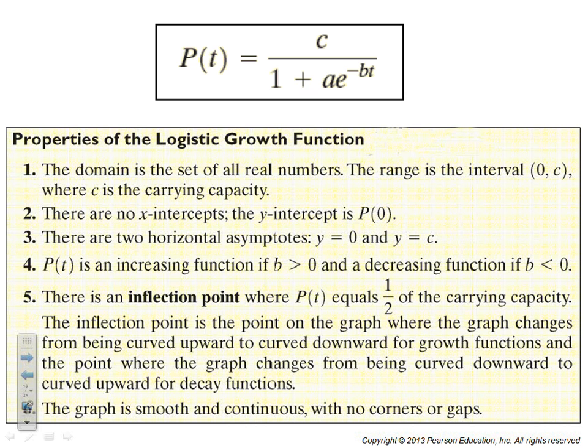There are 2 horizontal asymptotes. One will be at 0, the other one will be at this number, c. It'll be increasing if b is greater than 0, decreasing if b is less than 0. Inflection point will be halfway to the carrying capacity, and that's about it. And the carrying capacity is this number. That's the most important question.